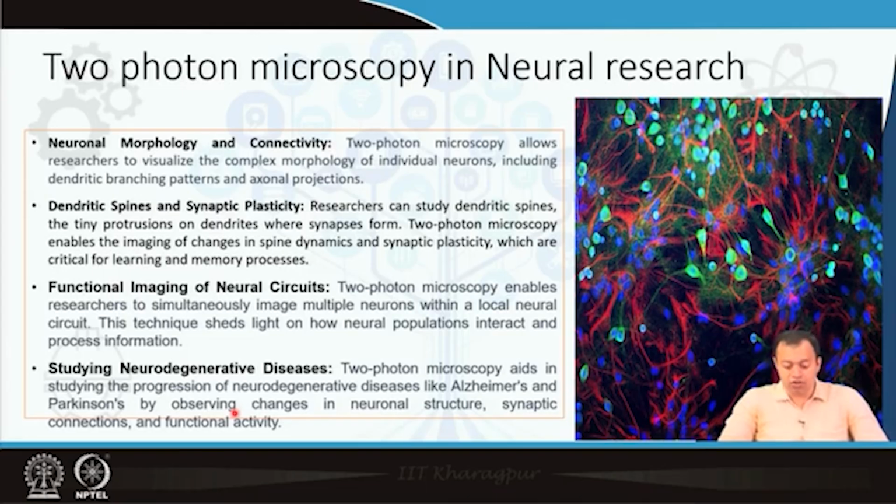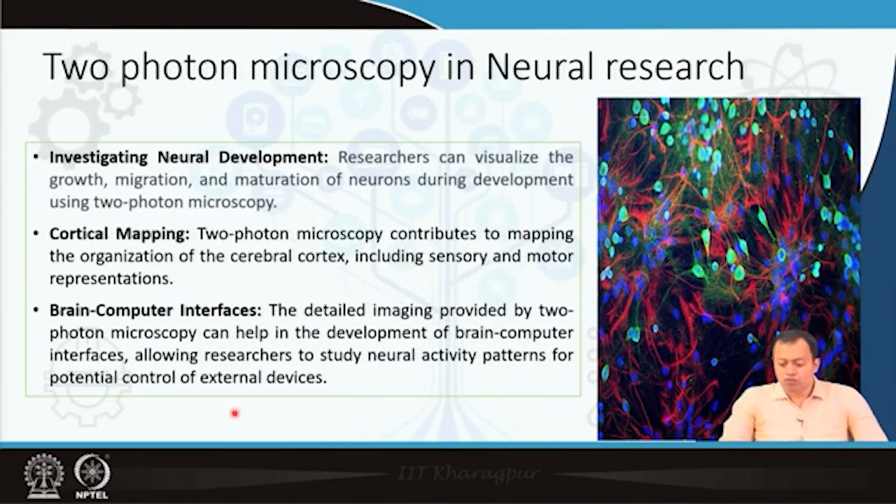Neurodegenerative diseases, we still know very little about these diseases of the brain, which are associated with misfolding of proteins, but we still do not know whether because of the misfolding the disease has happened or because of the disease the proteins have misfolded. People have difficulty, dementia, people are forgetting things, old people have these problems, motor neuron diseases, all of those things. So two photon can also be used for cortical mapping, brain computer interface, investigating neural development.